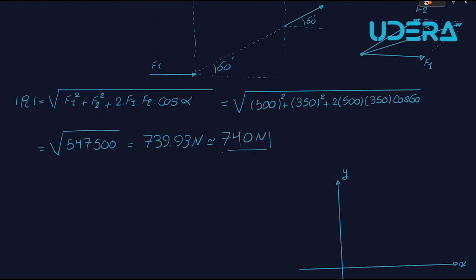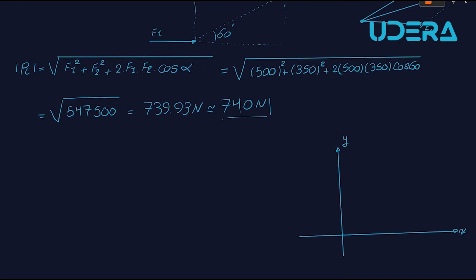So the x and y components of the resultant vector are the projections of F1 and F2 on x and y directions. So first let's consider x direction.